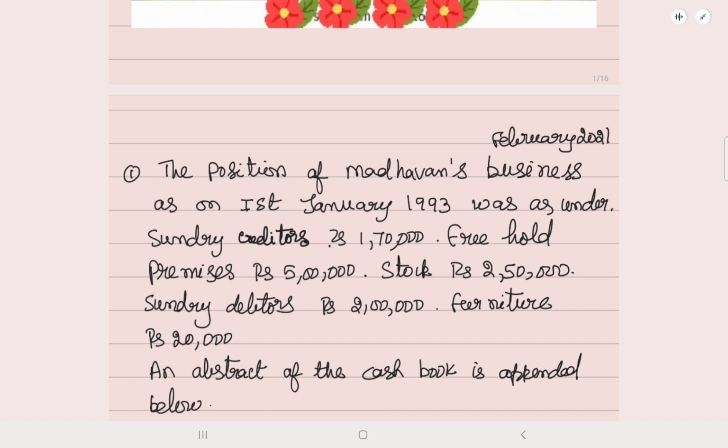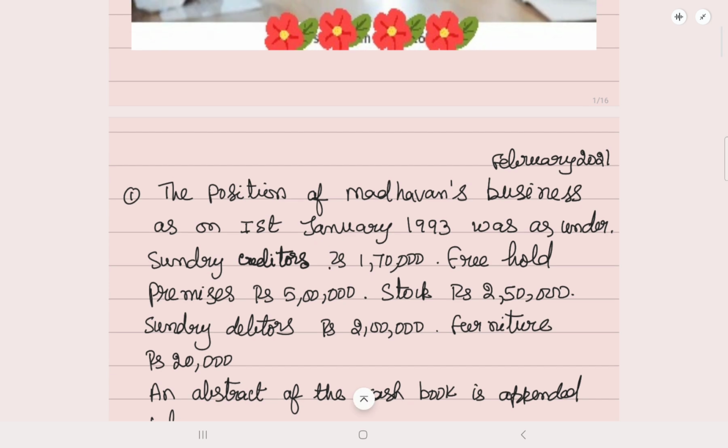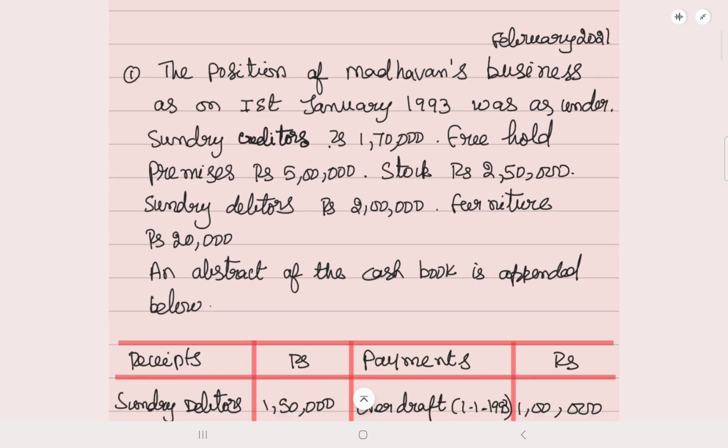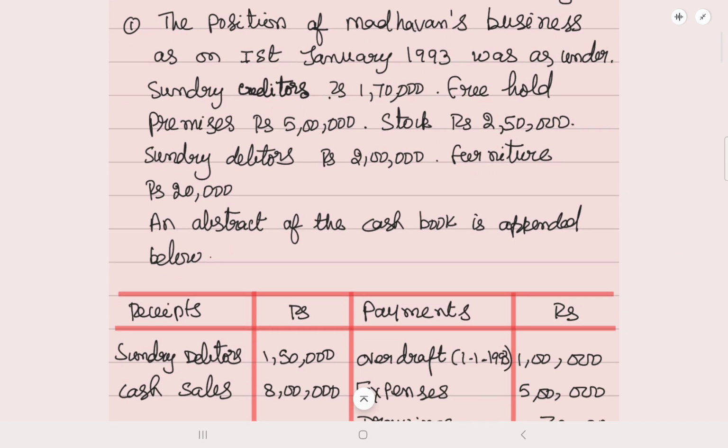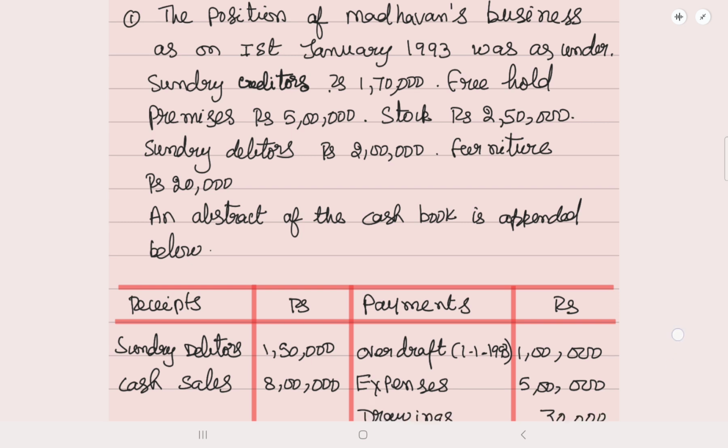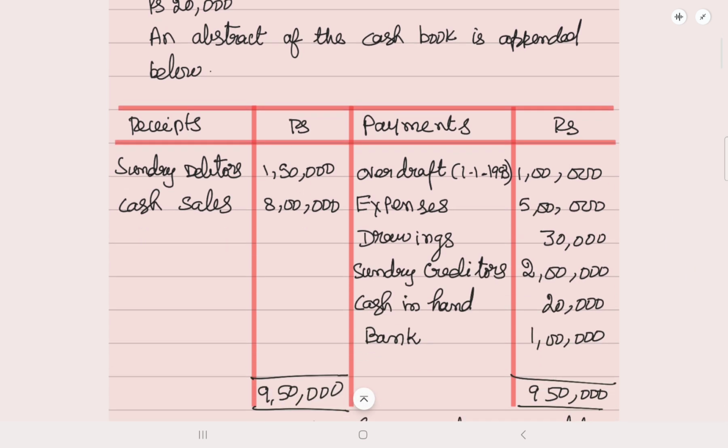The position of Madhavan's business as on 1st January 1993 was as under: Sundry creditors rupees 1,70,000, freehold premises rupees 5 lakhs, stock rupees 2,50,000, sundry debtors rupees 2 lakhs, furniture 20,000. An abstract of the cash book is appended below.